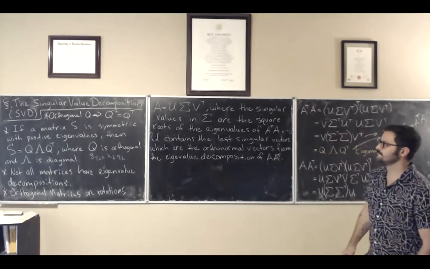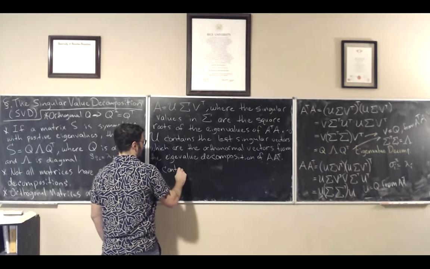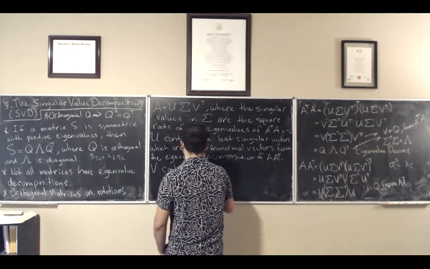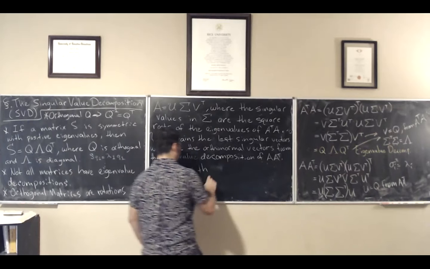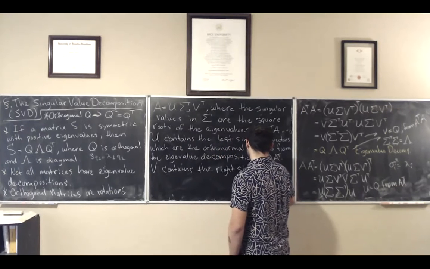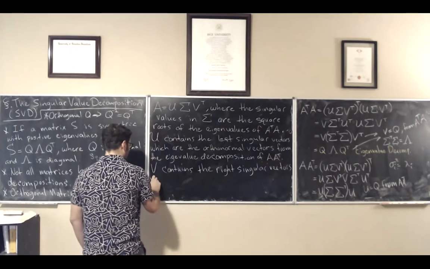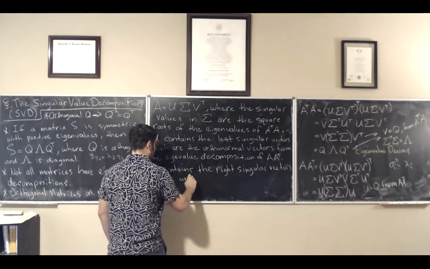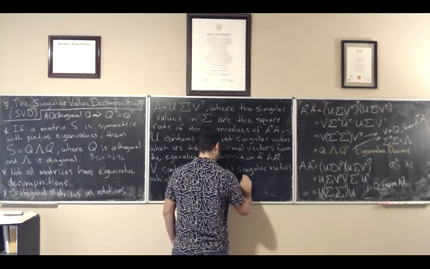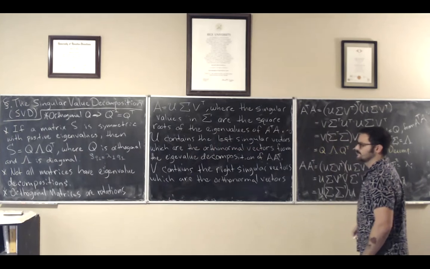There's lots of writing here, but this is what it is. V contains the right singular vectors, which are the orthonormal vectors from the eigenvalue decomposition of A transpose A.